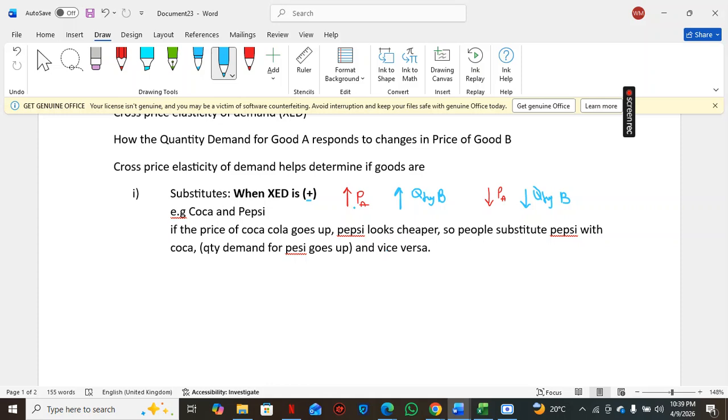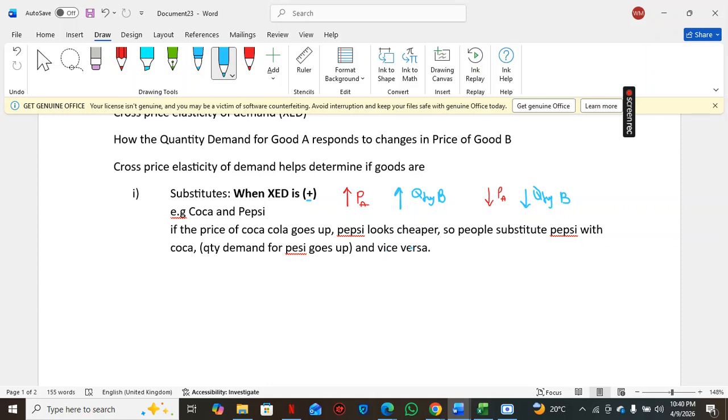Meaning, if the price of meat increases and the quantity demanded of bread increases, then these goods are substitutes, because when the price of meat increases, people stop buying meat and substitute it with bread. So if in our question the cross price elasticity of demand is positive, we'll know these are substitute goods.